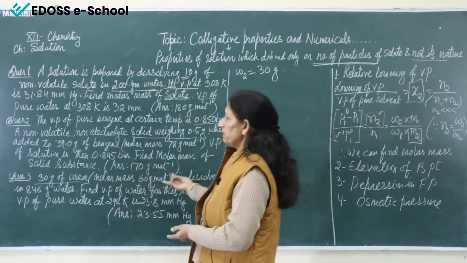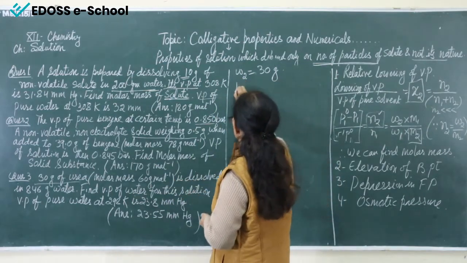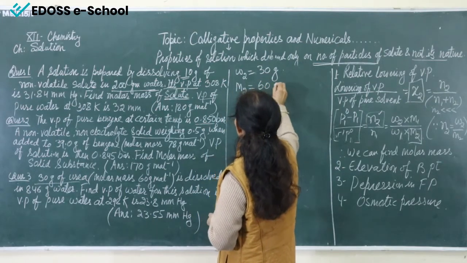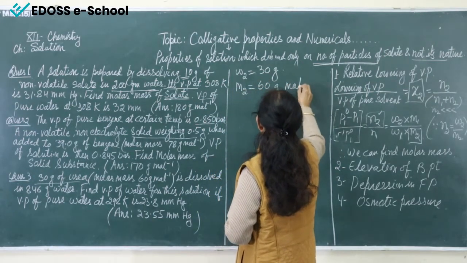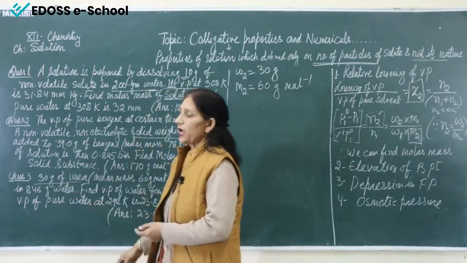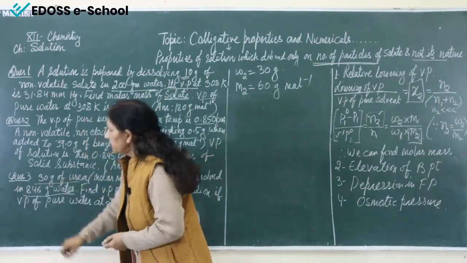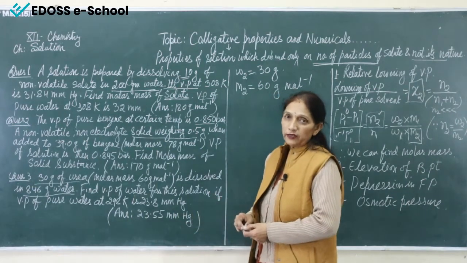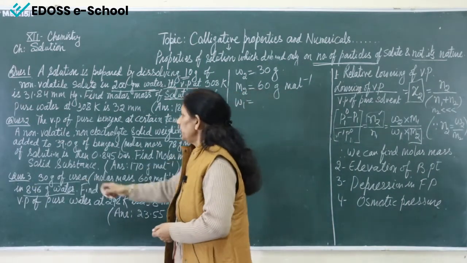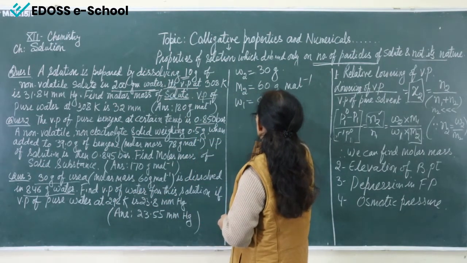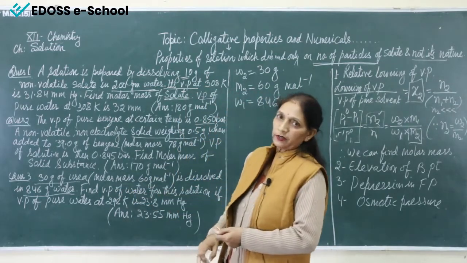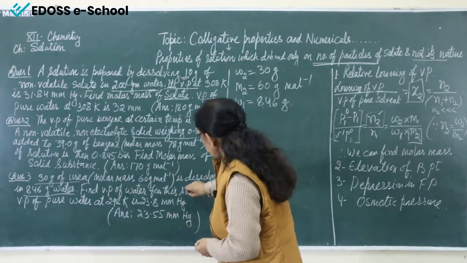Molar mass is already given to you, so you can write here, M2 is already given to you, 60 gram per mole. Is dissolved in 846 gram water. So you can see this is solvent. So W1 is given to you, 846 gram.